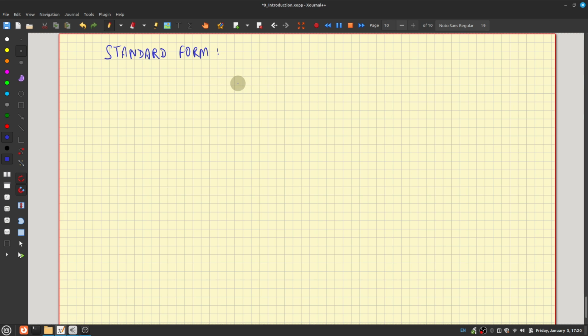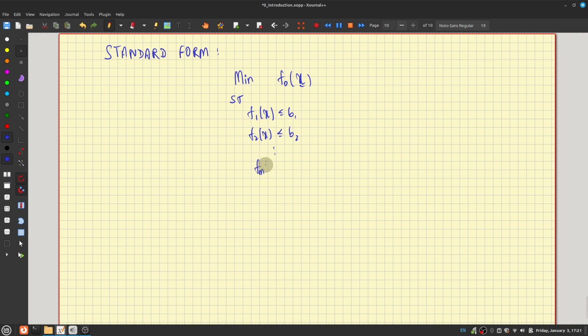All right, so the standard form will be the following. The standard form is always to minimize some function f0 of x subject to constraints f1 of x less than or equal to b1, f2 of x less than or equal to b2, fm of x less than or equal to bm.